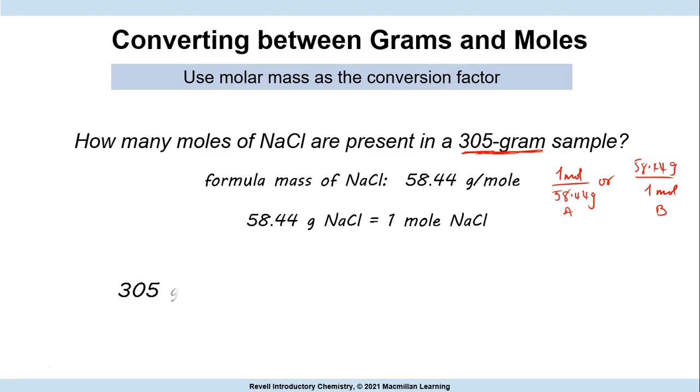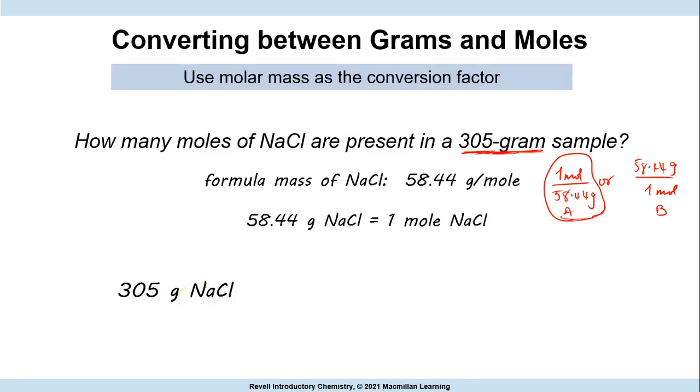In this question, we've been given 305 grams of sodium chloride. So we have to use the conversion factor in which the grams will cancel out. We use this one because grams is at the bottom, and it will cancel with the grams at the top.